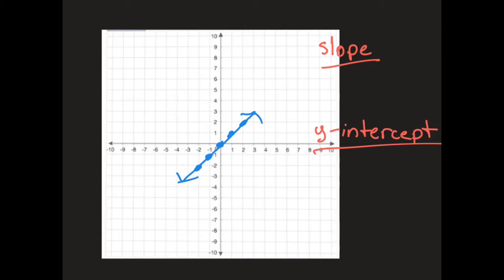The y-intercept is the point where the blue line intersects with the y-axis of a graph. And in case you didn't know what the axes are, this vertical line right here, going up and down, is called the y-axis, and the horizontal line going side to side is called the x-axis of a graph.